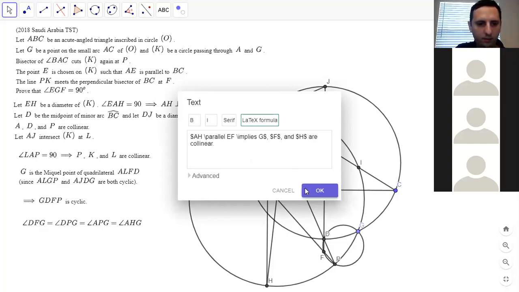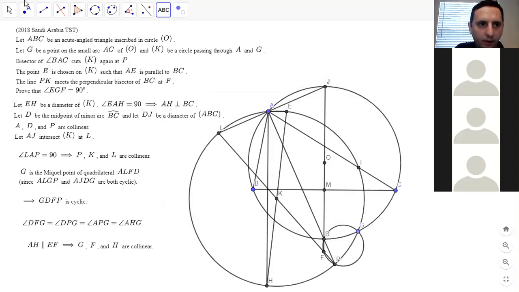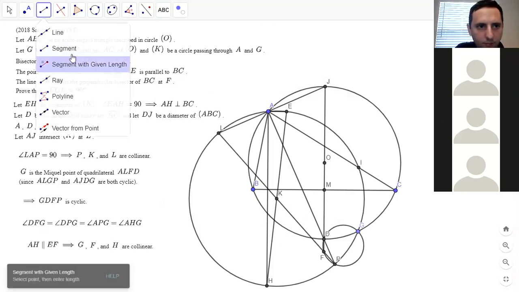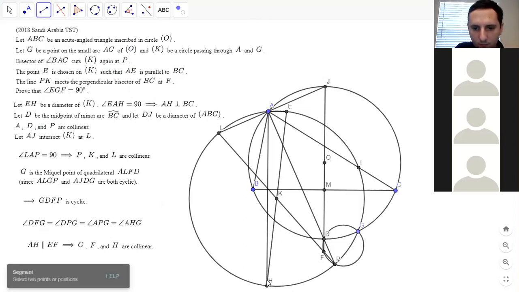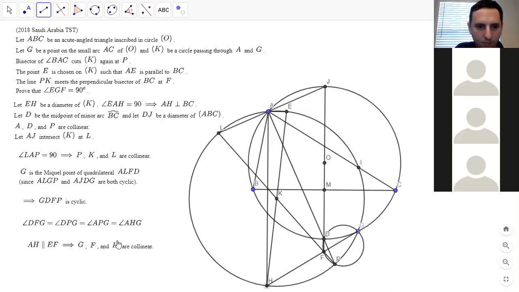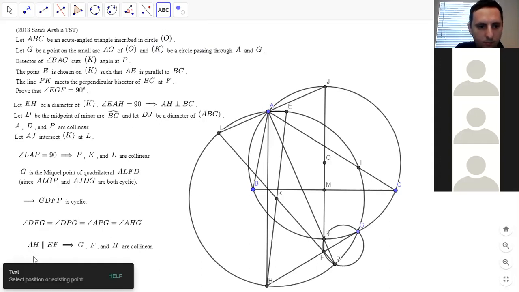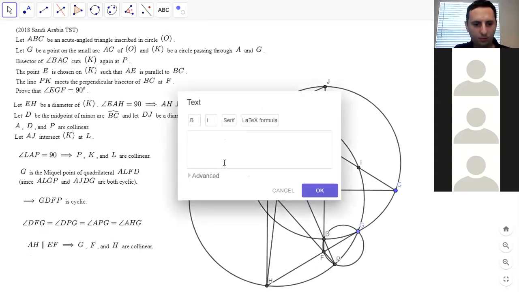And then from there, it's easy to see that angle EGF equals 90. So I'll just say EH is a diameter, and that means angle EGF is 90.